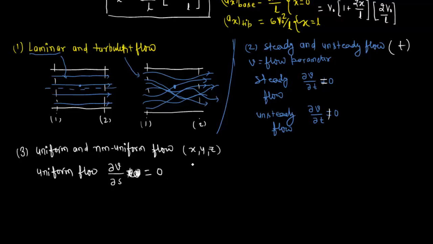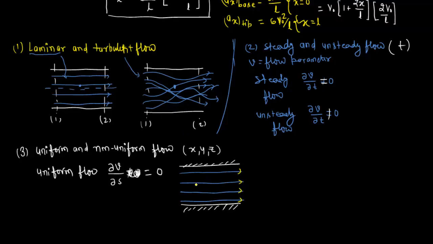Let's take an example. Let's suppose we are considering a pipe and some fluid is flowing. Obviously here I'm considering laminar flow. Let me consider this is the direction of flow.